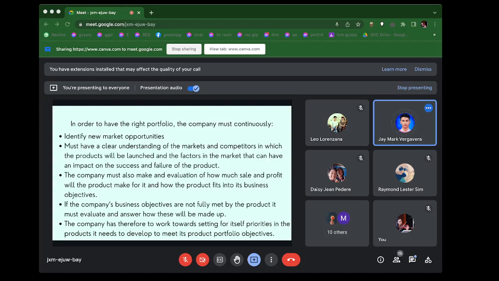And lastly, the company has to work towards setting priorities for itself in the products it needs to develop to meet its product portfolio objectives.